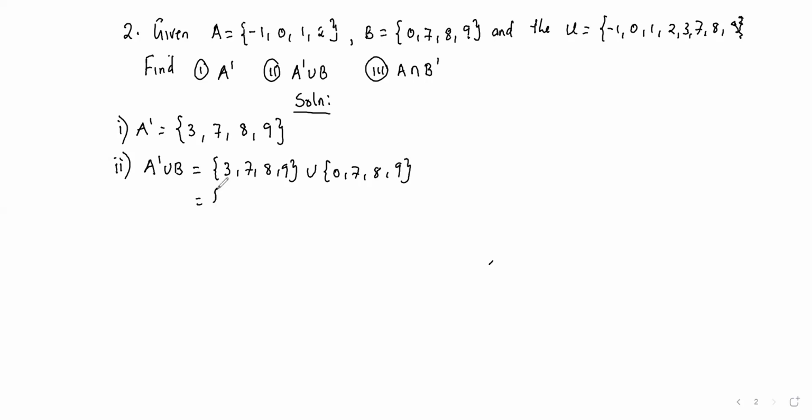So the new set will have 0, 3, 7, 8, 9. Even if 0 is in A, it has appeared in A complement union B because 0 is found in B. So we are combining what is not in A plus what is in B.